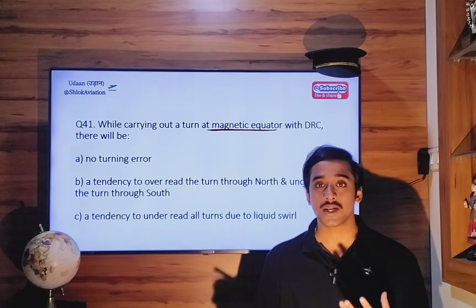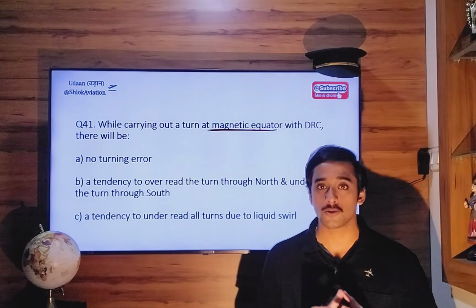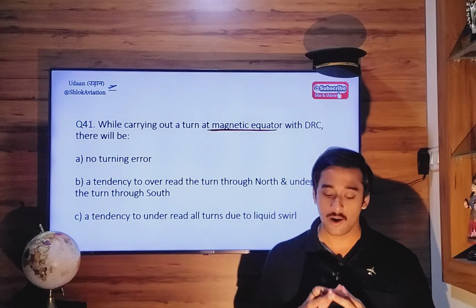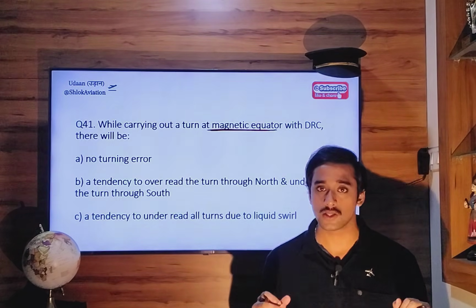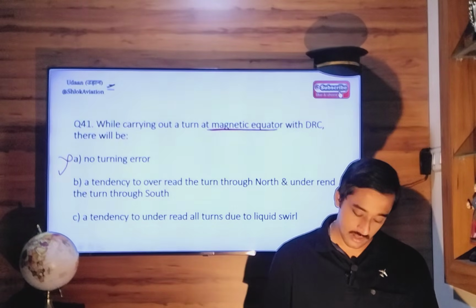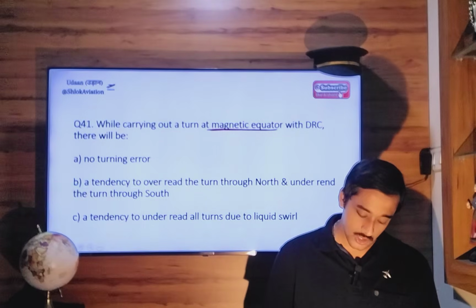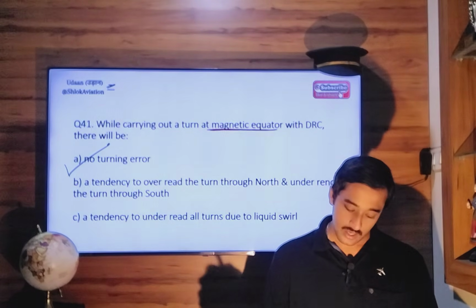If you are carrying out a turn in the southern hemisphere, you will be closer to the south pole than the north pole, right? But if you carry out a turn at magnetic equator, you are equidistant from both the poles. So there will be no turning error. This is the right option. So there will be no turning error at magnetic equator.